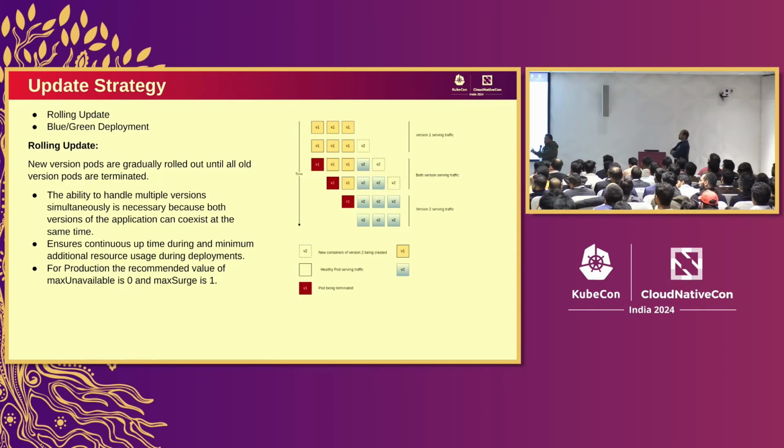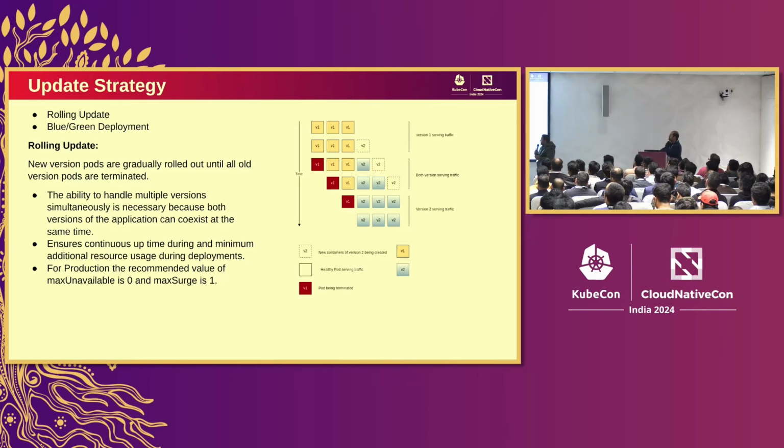But there is one issue with this approach: there are scenarios where, for a certain period of time, two versions of your application are up at the same time. So you have to make sure that your database schema and the backend are able to handle such requests. This is one constraint with this approach, and we'll see in the next strategy how we can solve this particular constraint.